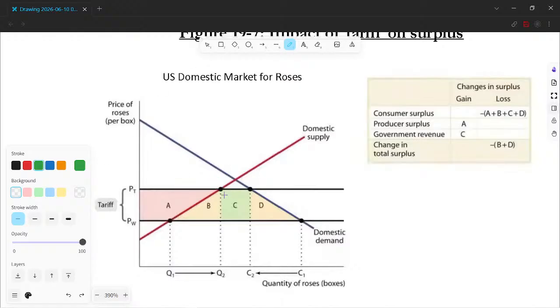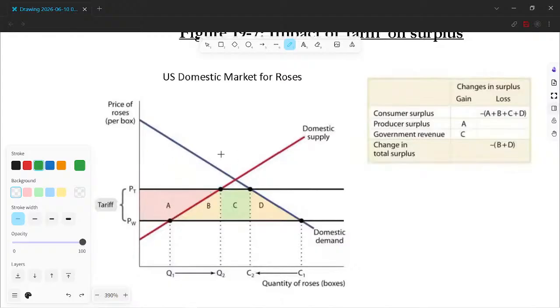But if we're comparing now government revenue, how do we then think about the change in government revenue?